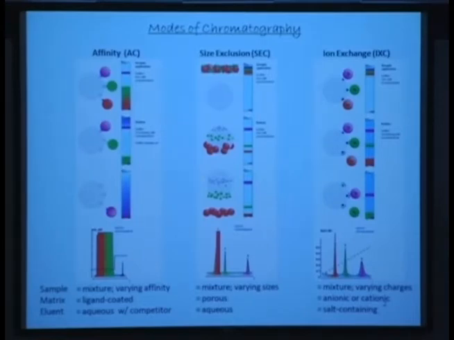Imagine, expand it even further. If, for example, you have this matrix made up of several different receptors, several different lectins, you can actually have an array and use affinity to identify the specificity of the lectins or a series of lectins.